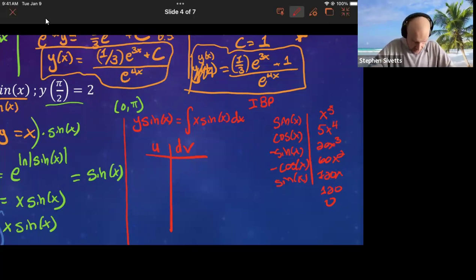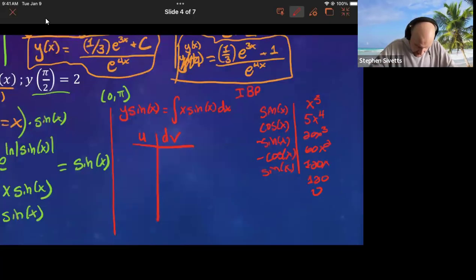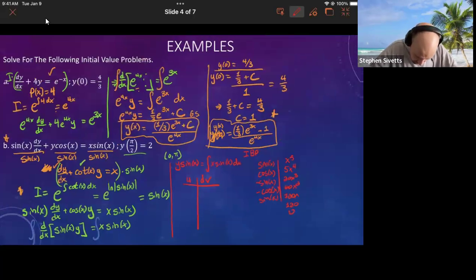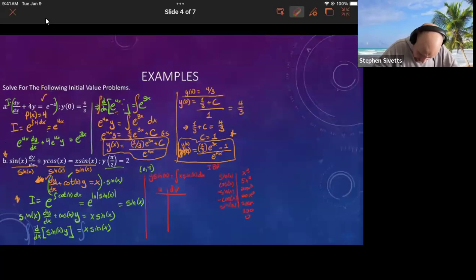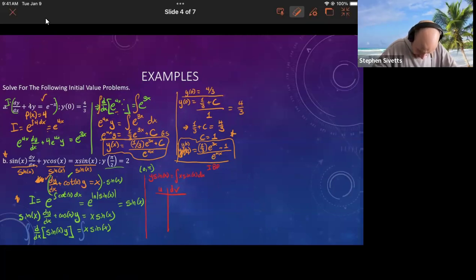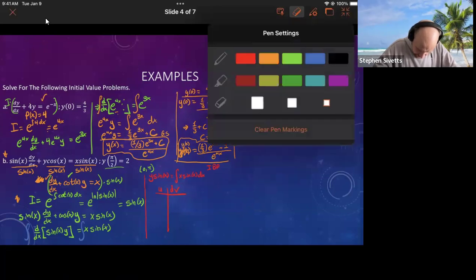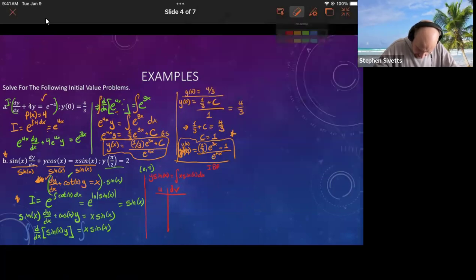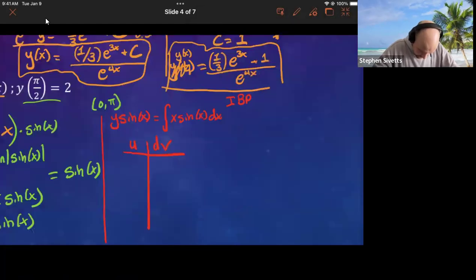So we want to choose a function whose derivatives terminate at some value, where the derivatives will be 0.